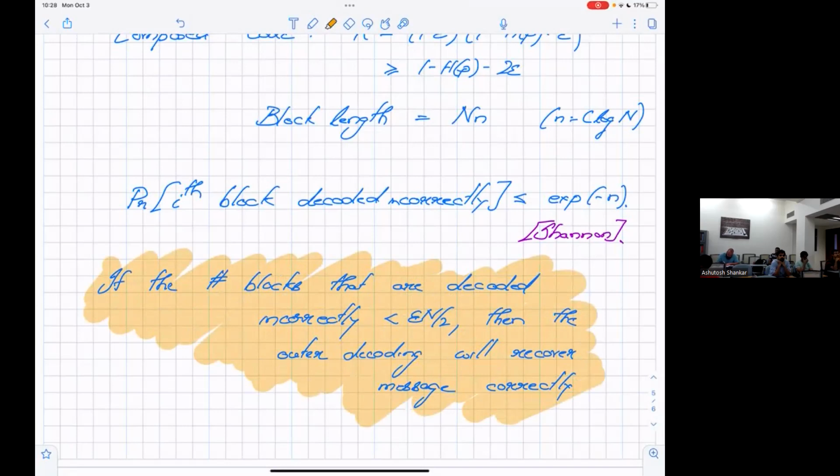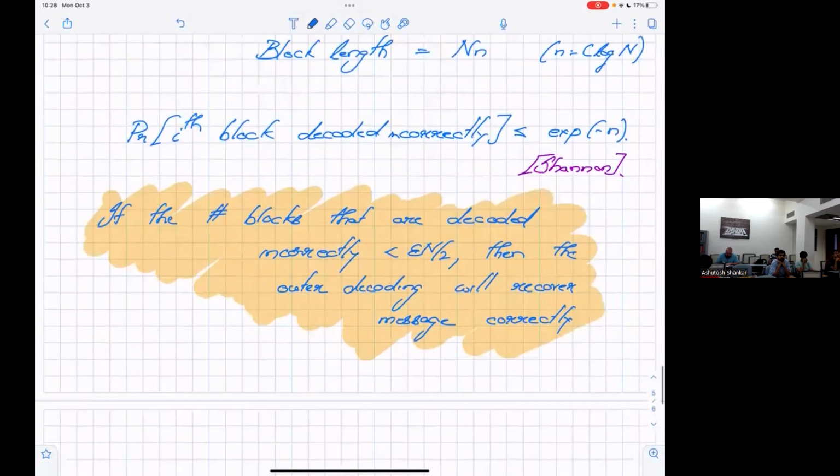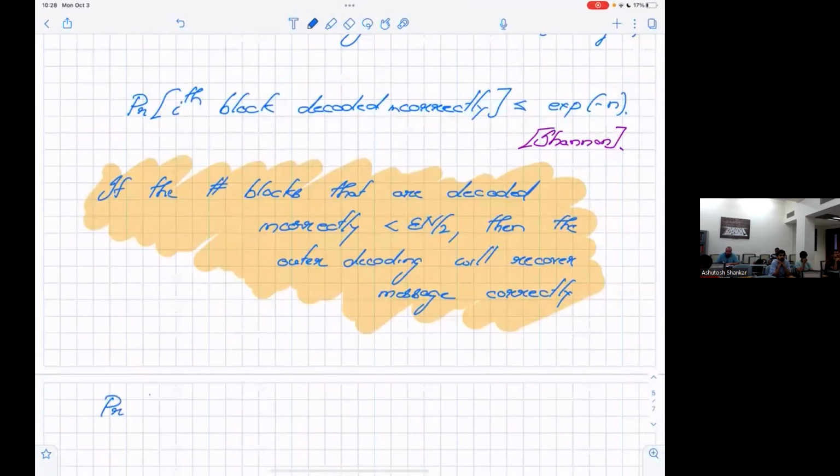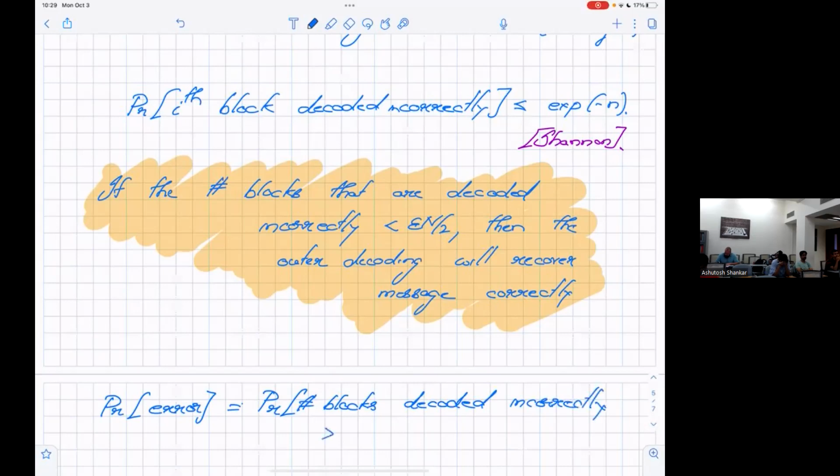Yes. So what's the final error? The probability of error for the entire code is exactly the probability that the number of blocks decoded incorrectly at the inner level is more than epsilon N by 2.